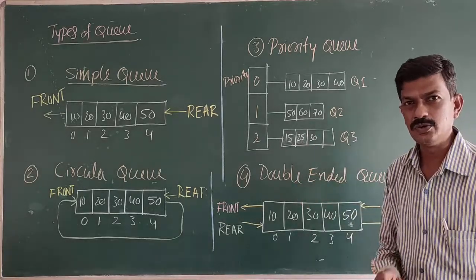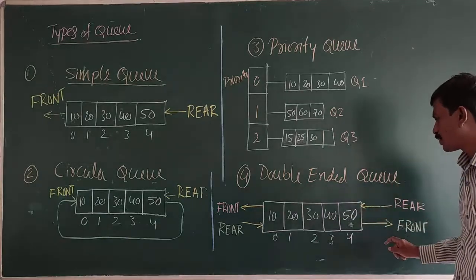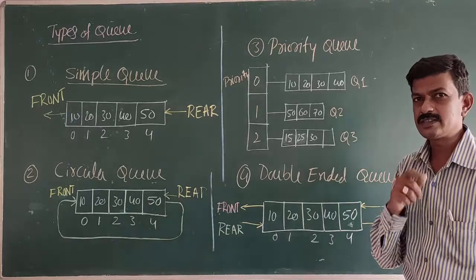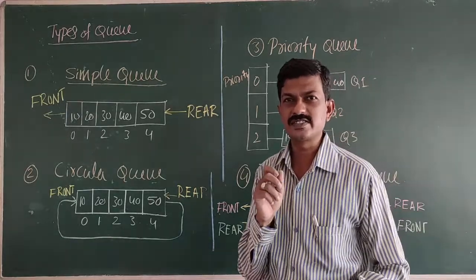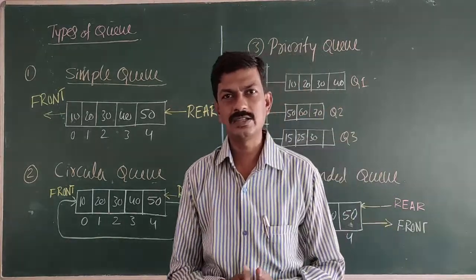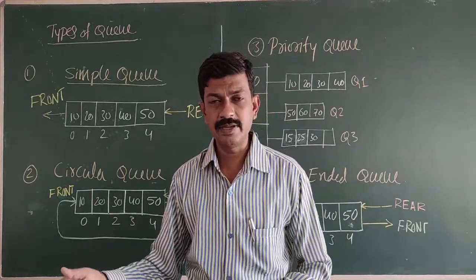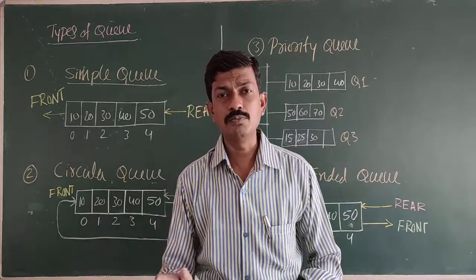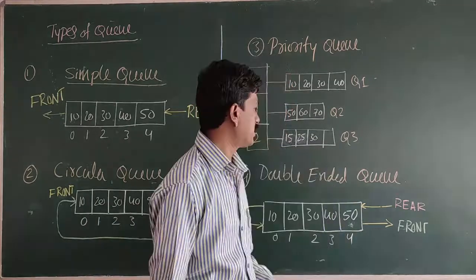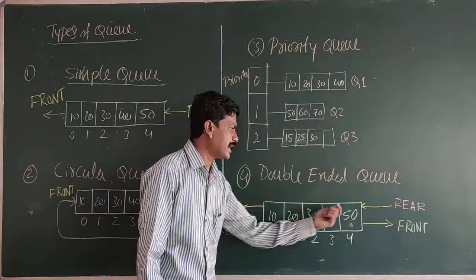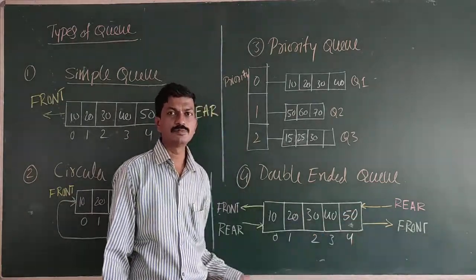While discussing the queue definition, we said a queue is an ordered collection of data elements where a new element is inserted and an existing element is deleted at two different ends. But in this double-ended queue, it is possible to insert and delete elements from both ends.